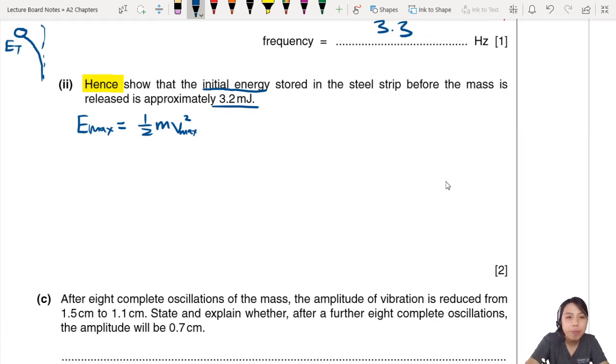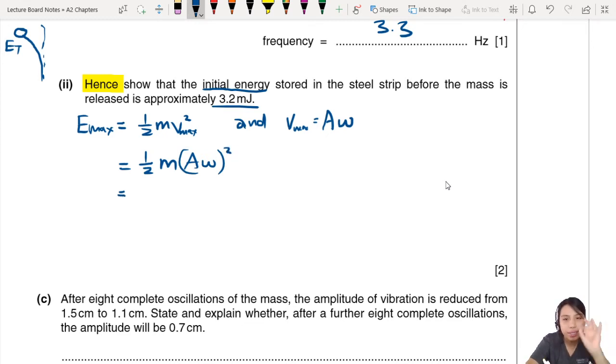We don't know what Vmax is, but we know that the maximum velocity is related to amplitude times omega. Where did this come from? I'll go check 13.2, 13.3 again. We've learned this previously. So half m A omega squared is the total energy or maximum energy of that steel strip. Let's plug in all the values.